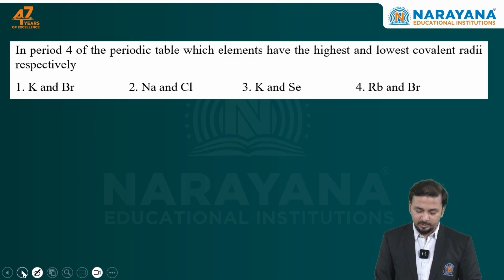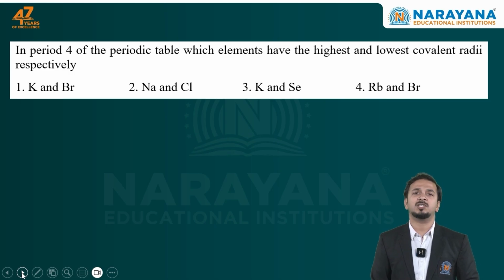So let's move to the next question. The next question is from periodicity chapter, and we can say it is a slightly direct question. The question says, in period 4 of the periodic table, which element have the highest and lowest covalent radii respectively? So we know that as we move from left to right, the covalent radii decreases.